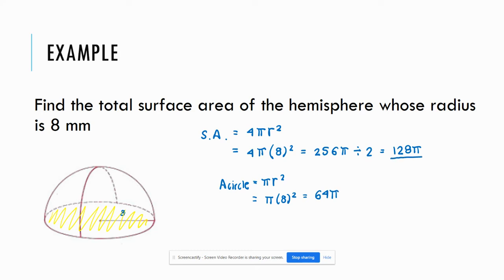So take the half that we created over here, and now the bottom circle, they both are in terms of pi. We get to add those together to get what our total surface area is. So 128 plus 64 is going to give us 192. There's still a pi with it. We were given units. Units are millimeters, and because we're talking area, those units have to be squared. But that's how you find the total surface area of a hemisphere.